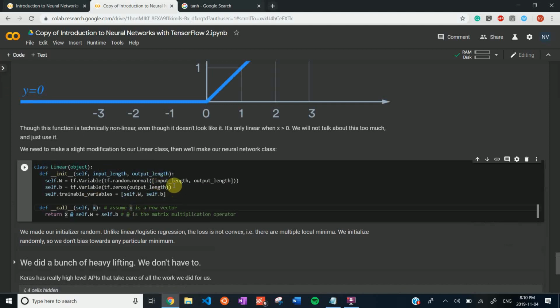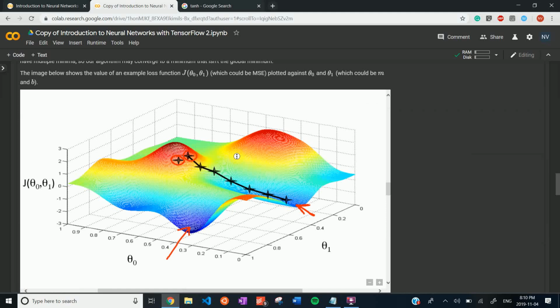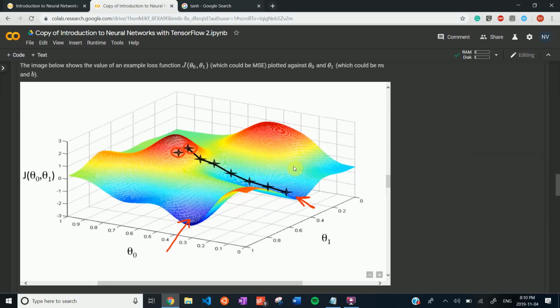Let's make a slight modification to our linear class before moving forward. The one modification we're going to make is the following. Before, we had it generate a bunch of ones for our matrix, but now we're just going to do a random normal distribution. The reason is related to gradient descent. If we scroll up, I told you before that we are not guaranteed to find the best solution on our loss surface.